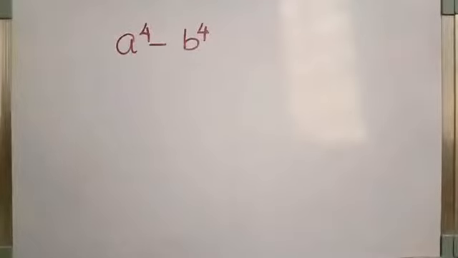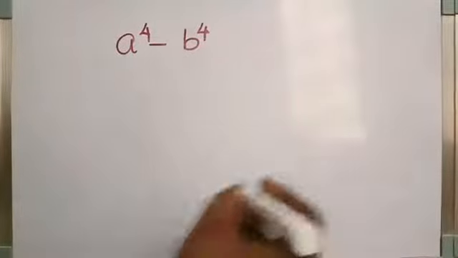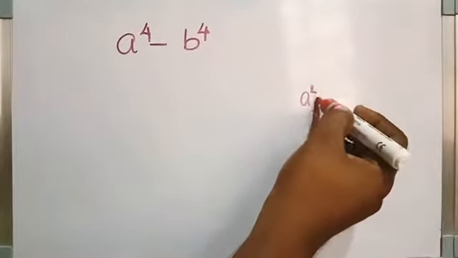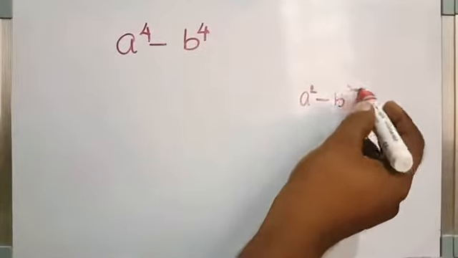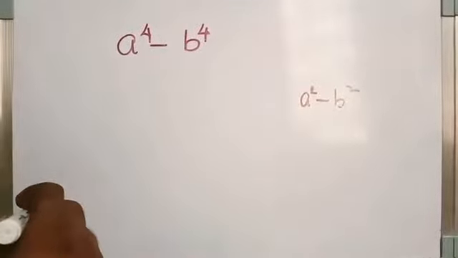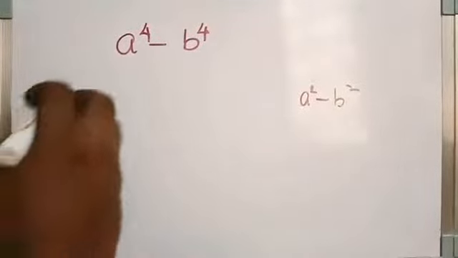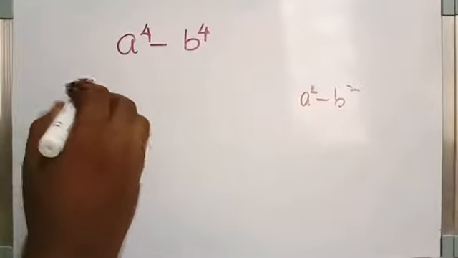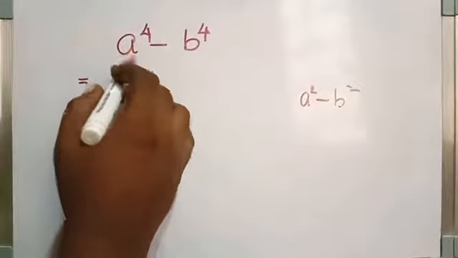Another question is a raised to 4 minus b raised to 4. We have learned about a squared minus b squared. Now what is this a raised to 4 minus b raised to 4? Here also we cannot do the answer directly. So we make a small change.